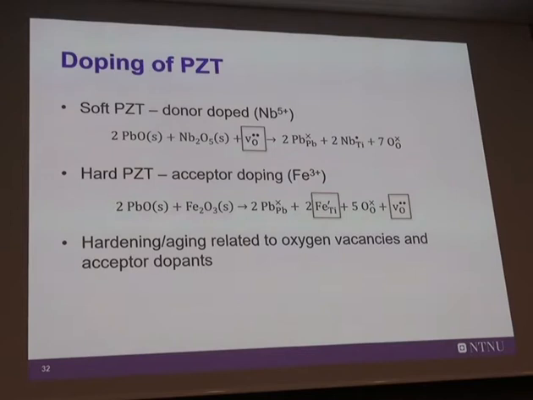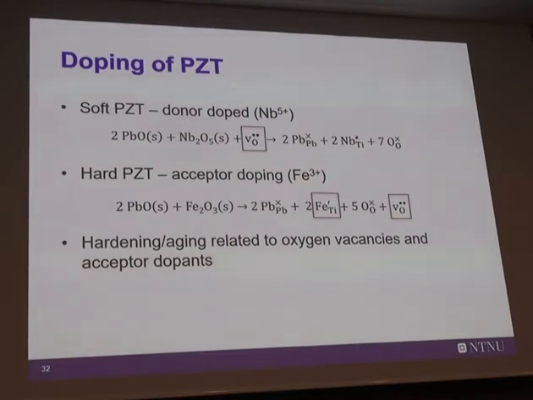So when you dope niobium into PZT, you dope in the stoichiometric amount of lead and niobium. And since niobium has one extra oxygen here, you have to start with an oxygen vacancy in order to make that apply. And when you dope them, you annihilate, you take away one oxygen vacancy, and you end up with lead on the lead site, niobium on the titanium site, which is a charged point defect, and then oxygen on the oxygen site.